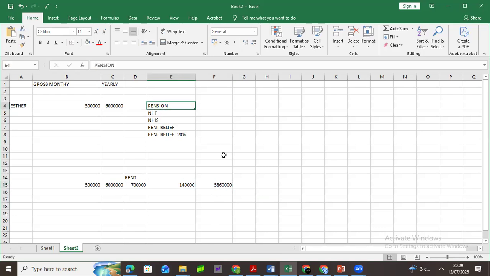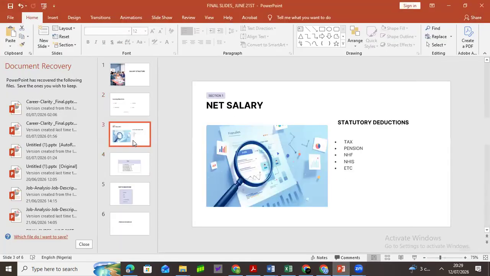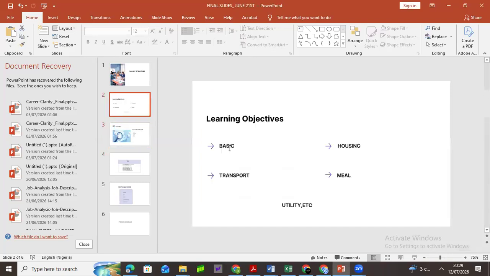Don't forget, it's not only rent relief you are minusing. You're also going to minus pension. How do we calculate pension? Eight percent is from the employee. 8% exactly. 8% of what? 8% of basic, transport and housing. You add basic, transport and housing together, and 8% of the three of them is what your employee pension is.